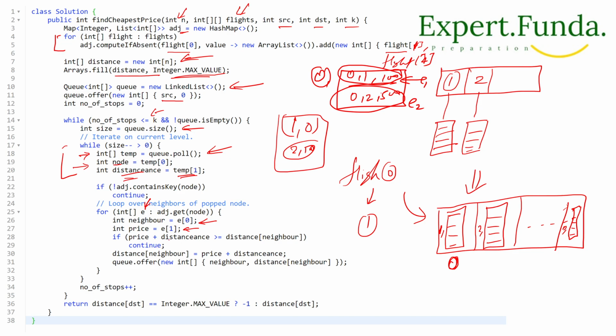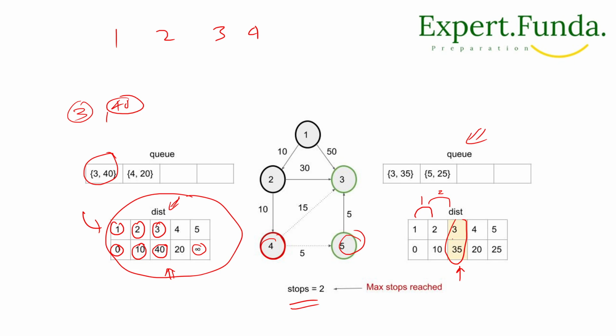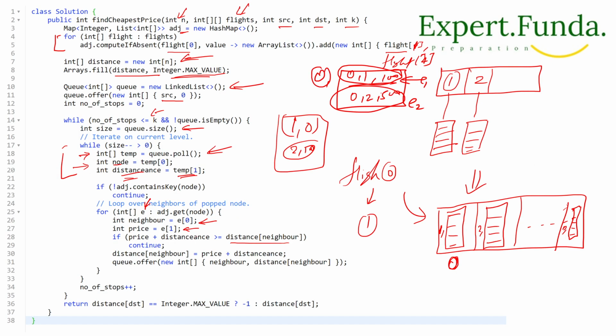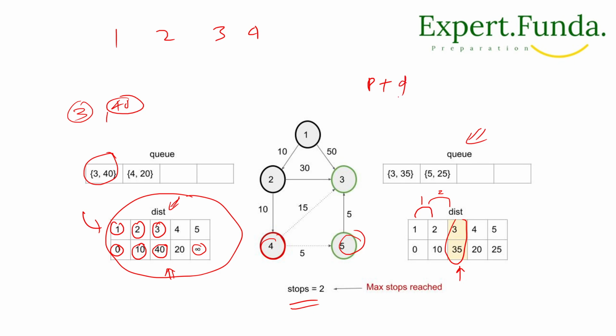So what we will do here, we will compute price plus distance. Price plus distance, is it greater than this one? See, for 3 we have some value here, so the total distance we have reached there.